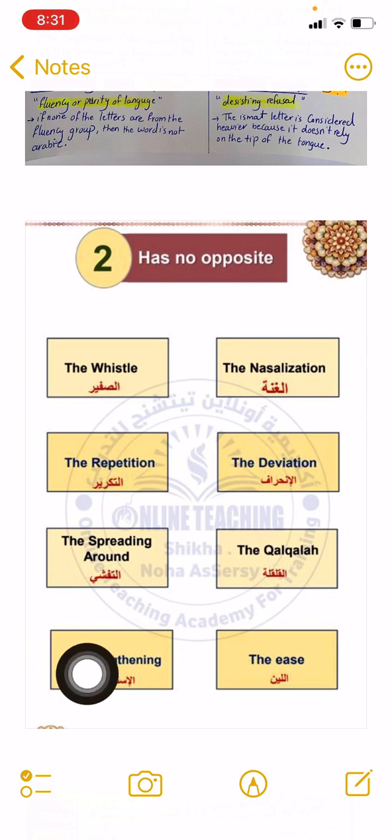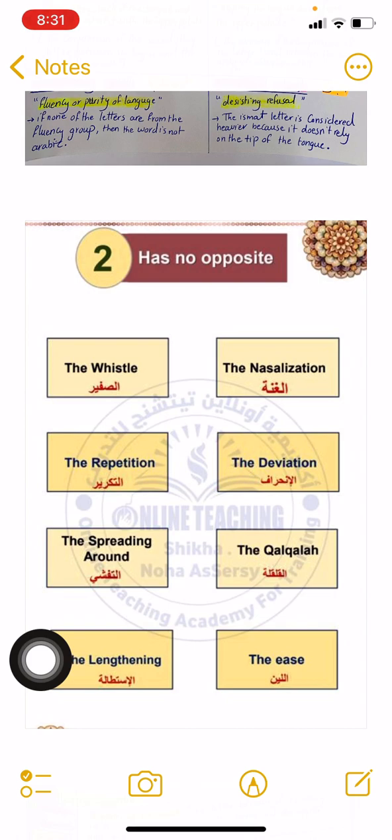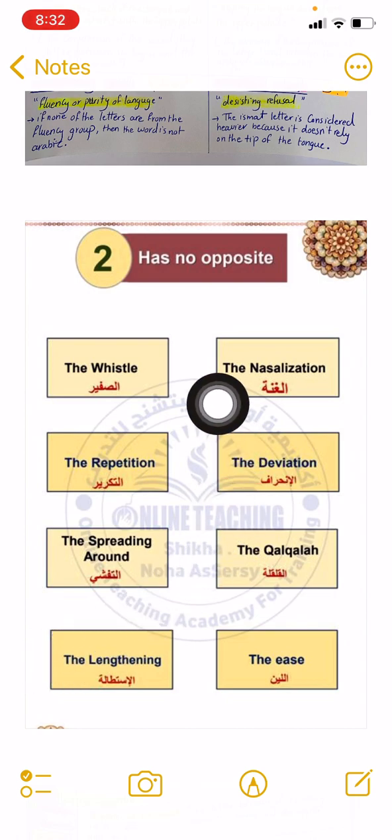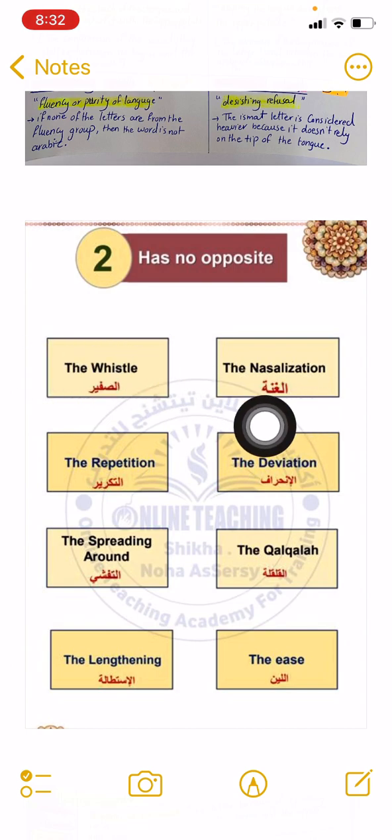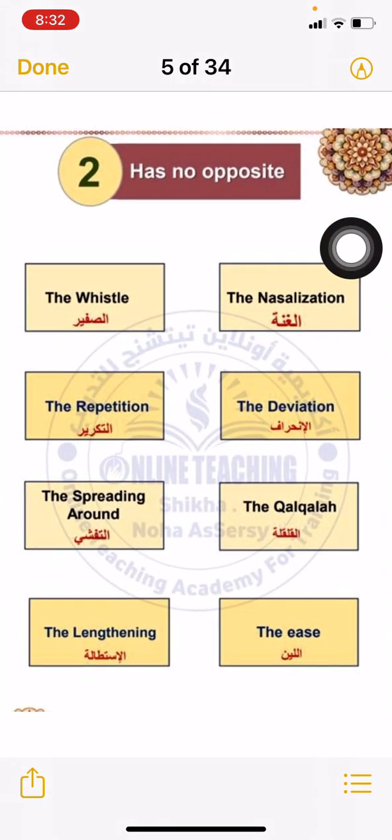Al-istitala, we are going to explain it today, inshallah. Then we are going to have nasalization, which means غنة in Arabic. It means a nasal sound emitted from the nasal cavity, and it's present with the letters nun and mim.